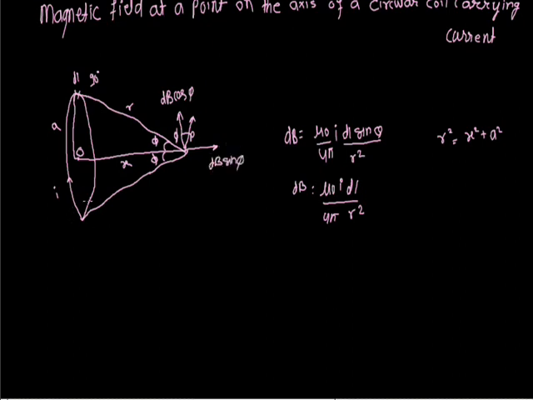We consider another element of the same length dl, opposite to the previous element. The direction of the magnetic field is in this direction.